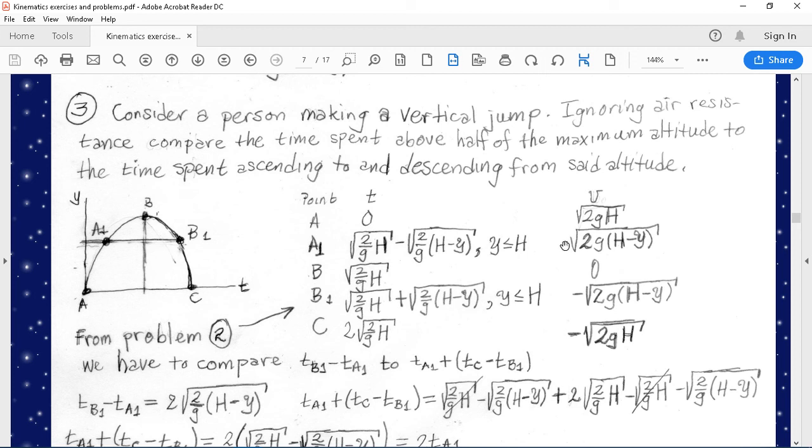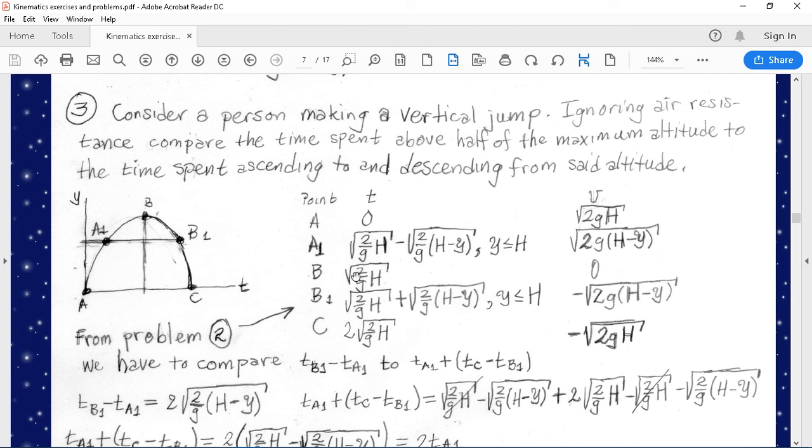This is the speed of the jumper at altitude y, which corresponds to yA1. yA1, which is this y with the curl, is less than or equal to the maximum height, which is h, and the speed at A1 will be given by this value here.